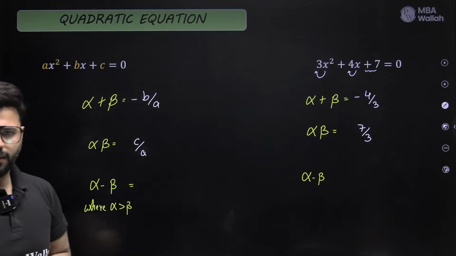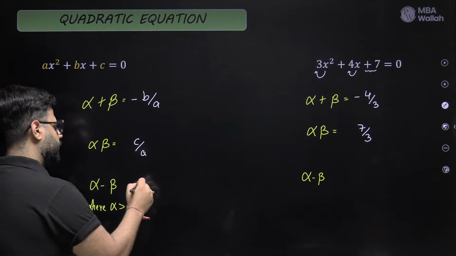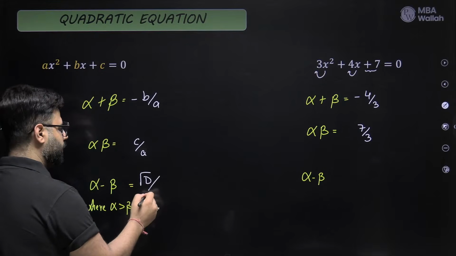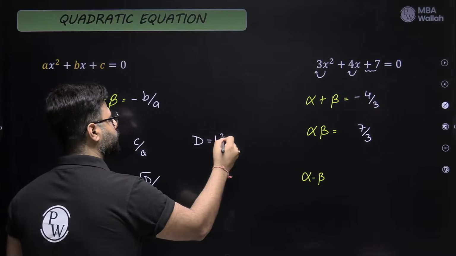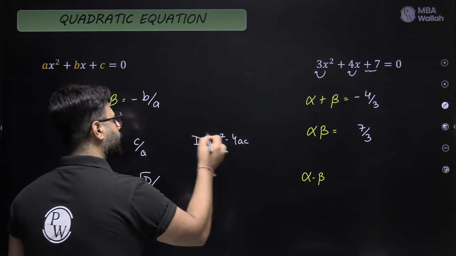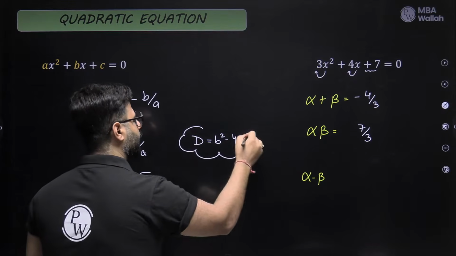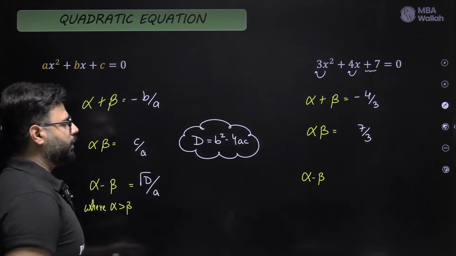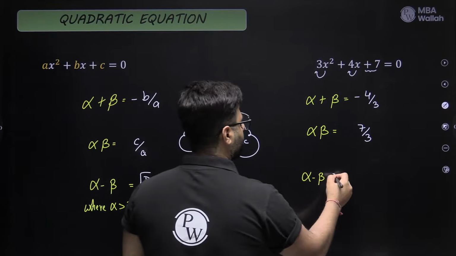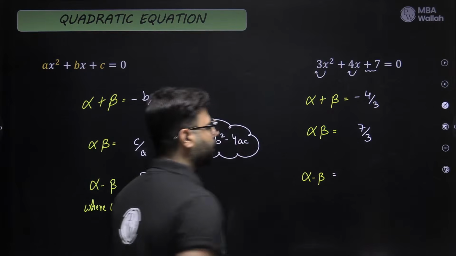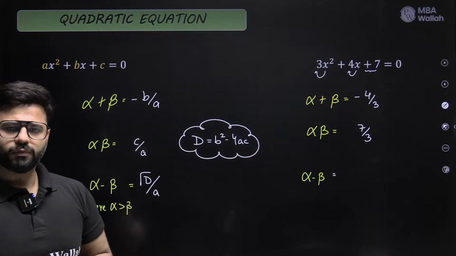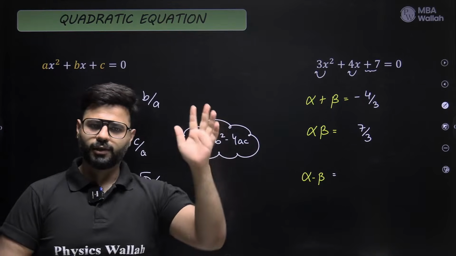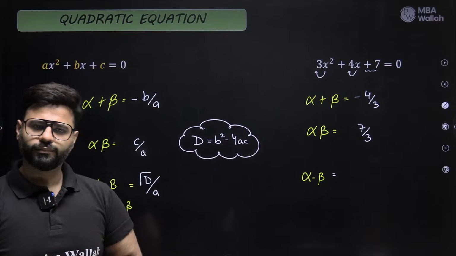Alpha minus beta is root d by a, where of course d is the discriminant, which is b square minus 4ac. We did all this in the last lecture. So what's going to be the value of alpha minus beta here? So d, that's b square minus 4ac, calculate, divide by a, and then let's jump on to the questions.